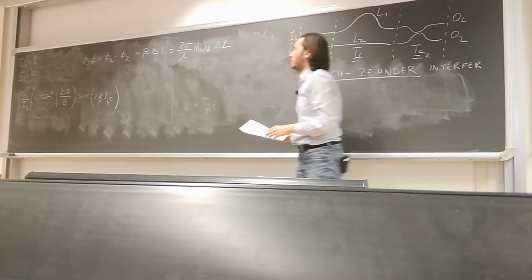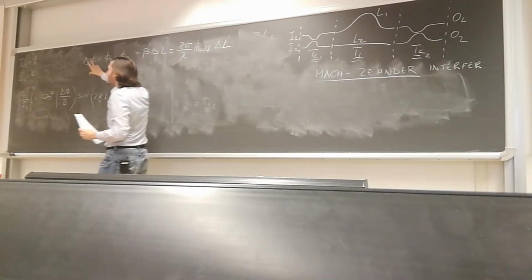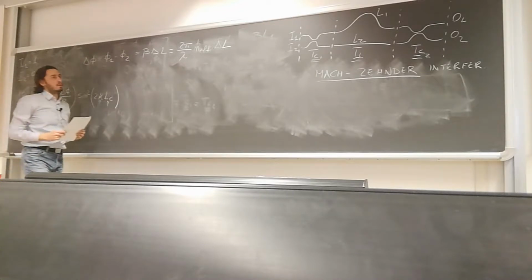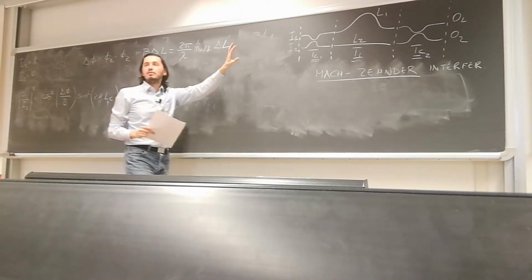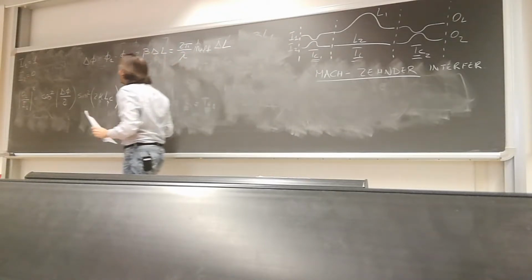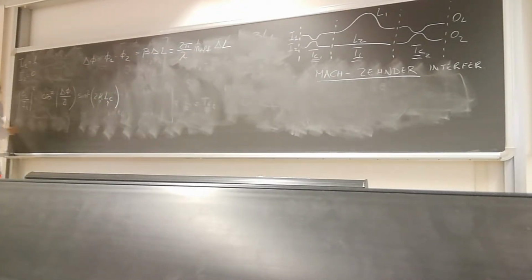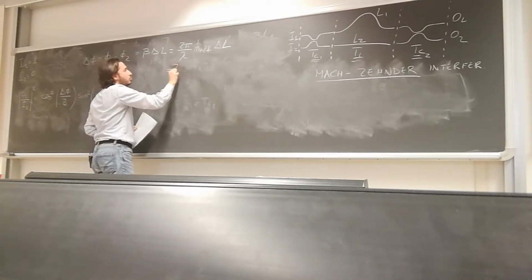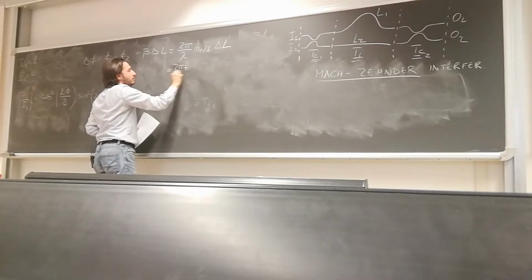And so everything I told yesterday about the phase difference between the two signals interfering applies to this specific case, okay? So this is the key parameter of our interferometer. So let's write also in this way, 2 pi f divided by c.